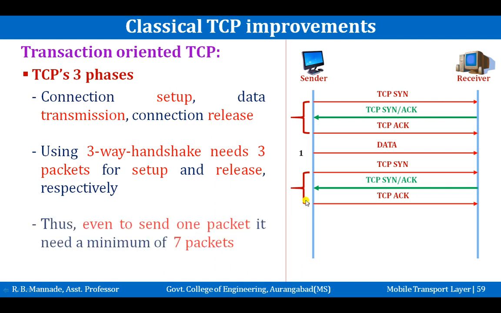That's why, even if the sender wants to send a single packet, it requires a minimum of three packets for setup and three for release, so 1, 2, 3, 4, 5, 6, 7. It requires 7 packets.